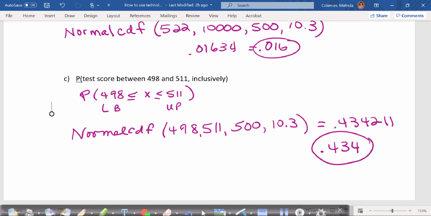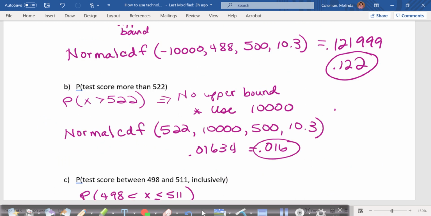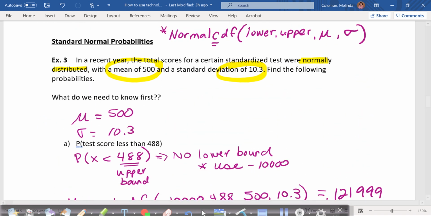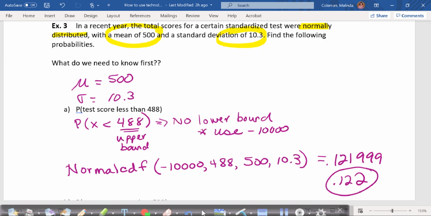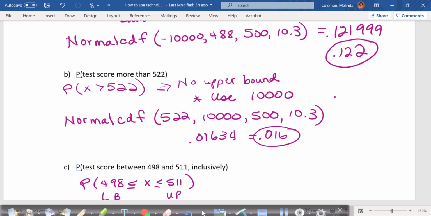So again, interpretation for this says that I'm looking at a group of students who took a standardized test. The mean of that test was 500. The standard deviation was 10.3. I randomly select a person from this group.